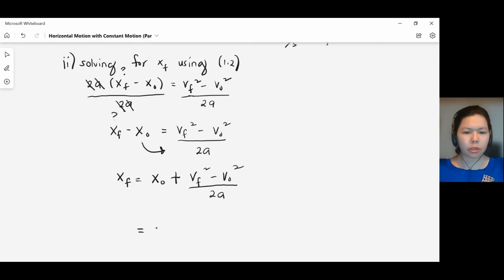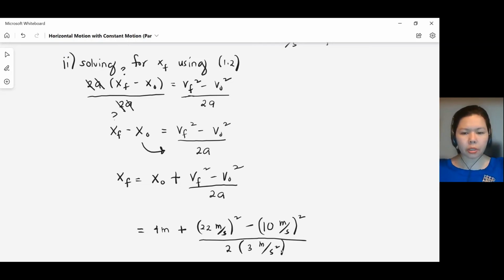We have x naught is 4 meters plus vf squared, the one we solved, 22 meters per second, squared minus initial is 10 meters per second squared over 2 times acceleration, which is 3 meters per second squared.